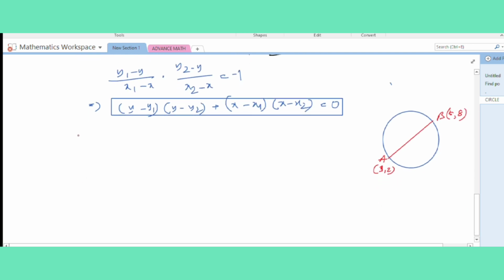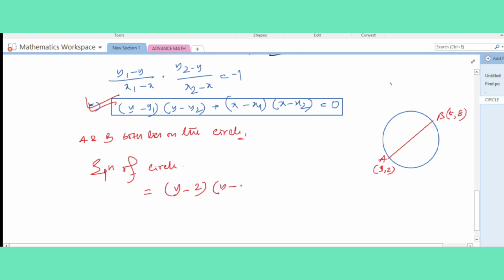A and B both lie on the circle, so by this formula the equation of the circle is (y minus 2) into (y minus 8) plus (x minus 3) into (x minus 5) equals 0.